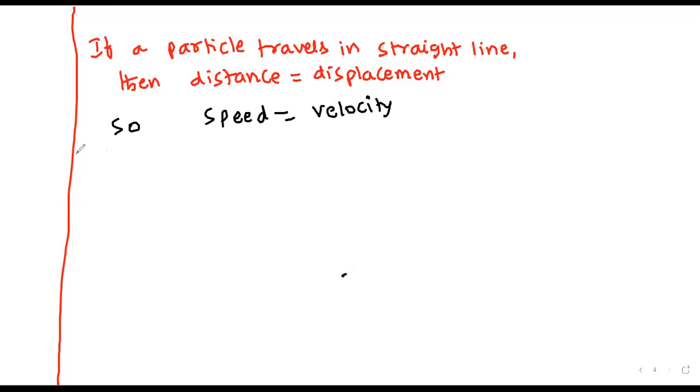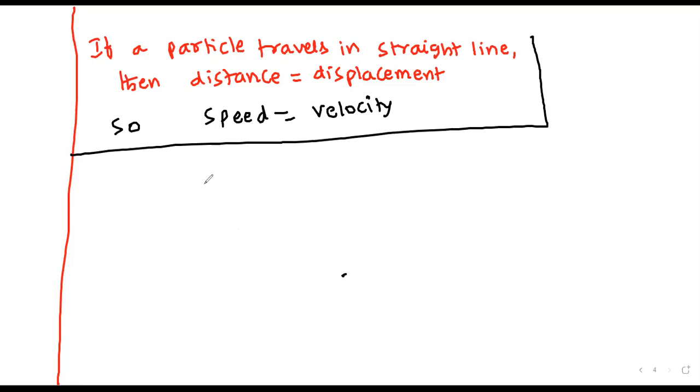Like this, we will find the velocity. Velocity is change in displacement by change in time. In your lower standards, at least in 8th and 9th class, you might have studied velocity equal to change in displacement by change in time.